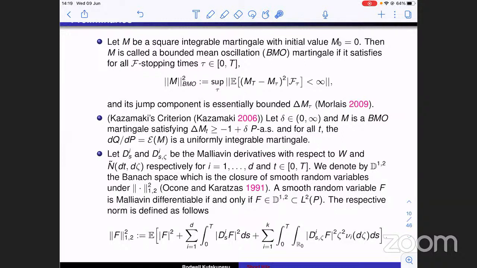So Malliavin calculus here will be considered as a directional derivative in some special space D, which is a Banach space of random variables with this norm.